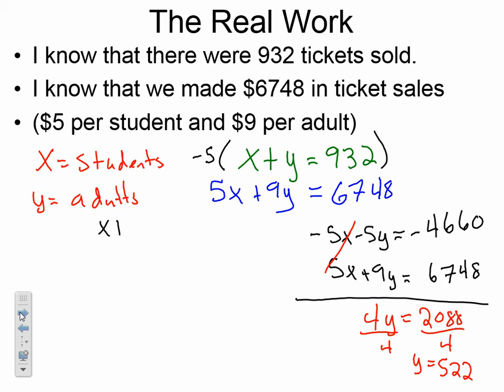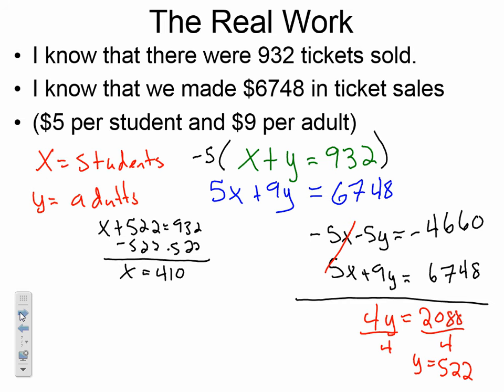So x plus 522 equals 932, minus 522, x equals 410. Now, remember what I said before, we have to write this as a sentence. They're not ordered pairs anymore because we're talking about real life. So what do we know?